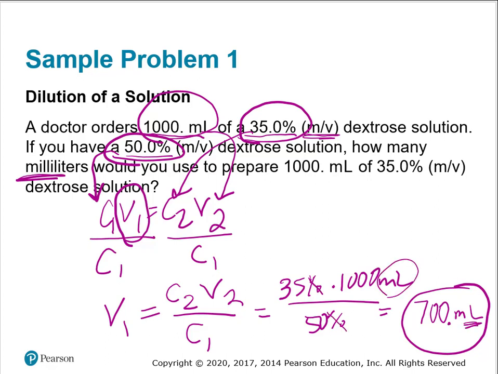I want to end with 3 significant figures, so I put a decimal point after the 700, because without it, there would only be 1 significant figure. So we need 700. milliliters of our concentrated 50% dextrose solution, and we're going to put it into a new container, and we're going to fill it up to 1,000 milliliters. So we would add 300 more milliliters of water to dilute it.